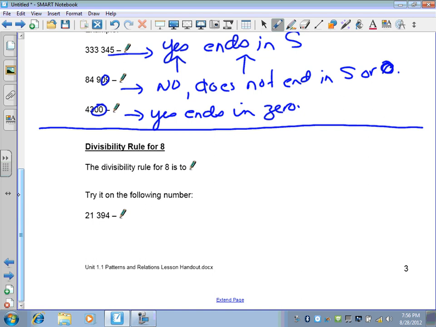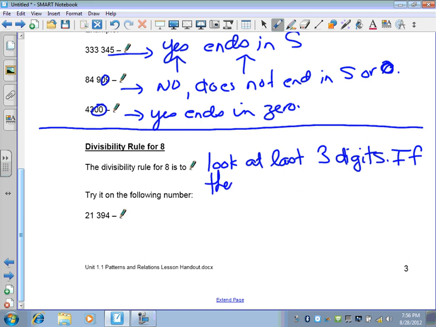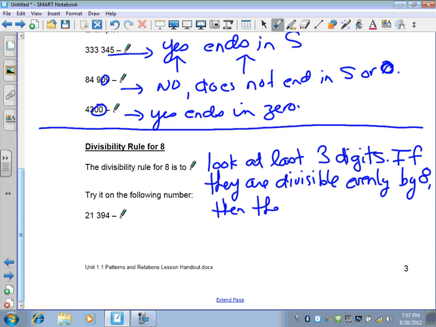So taking a look at the divisibility rule, I'll tell you what it is. You look at the last 3 digits. If they are divisible evenly by 8, then the whole number is.